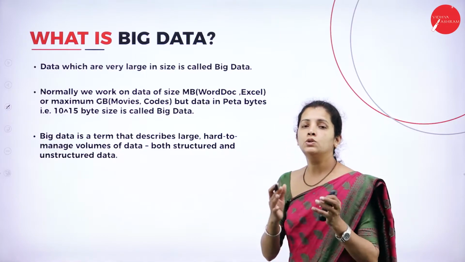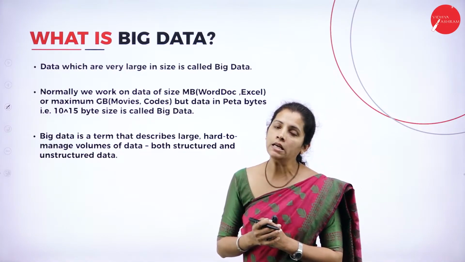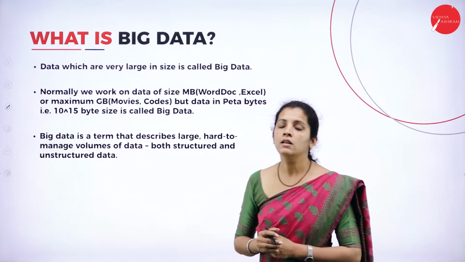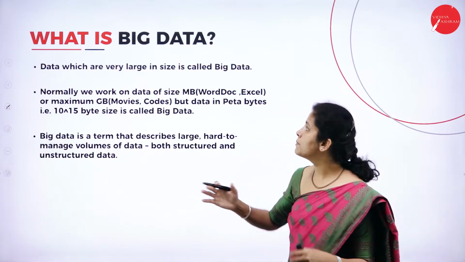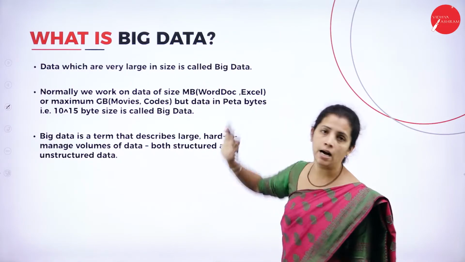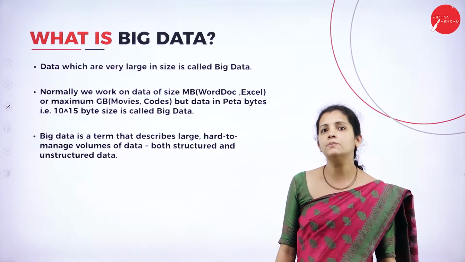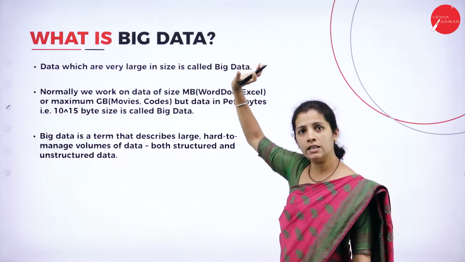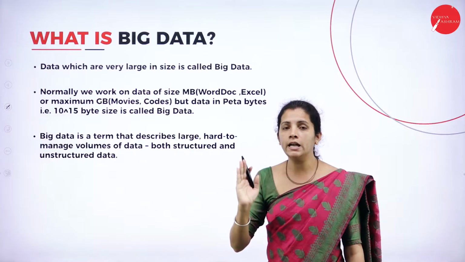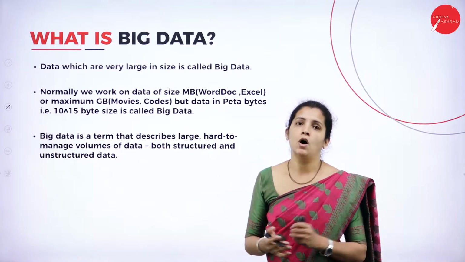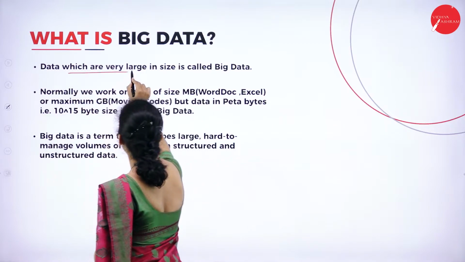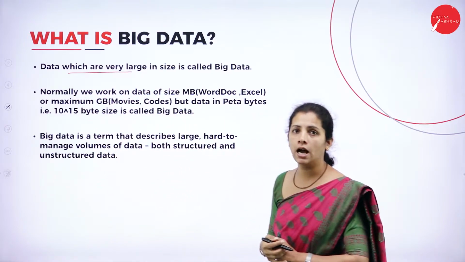Now, dear student, I know what data is and I came to know what data science is. From data science, I'm going to have big data. So what is this big data? The name itself indicates that the size of the data is huge or big. So data which are very large in size.